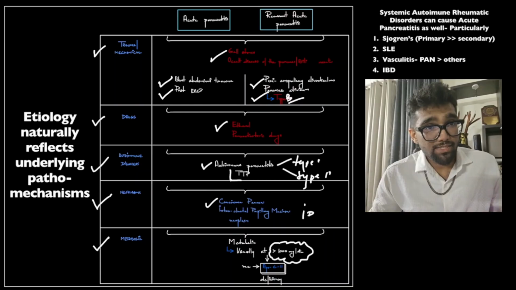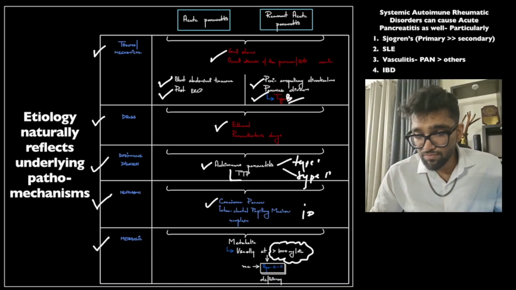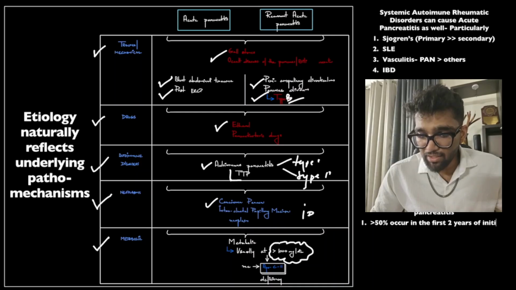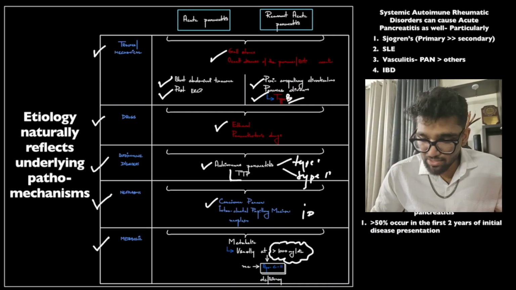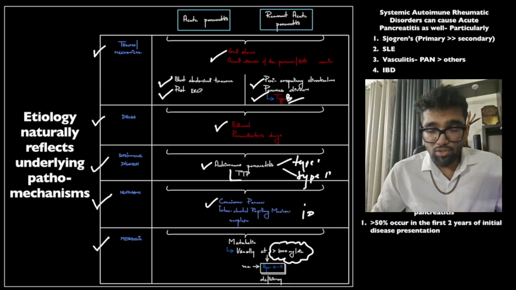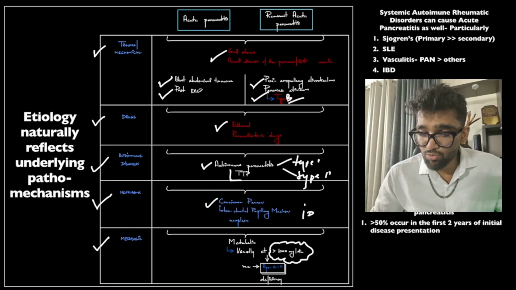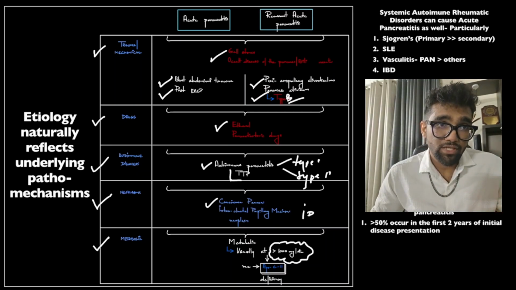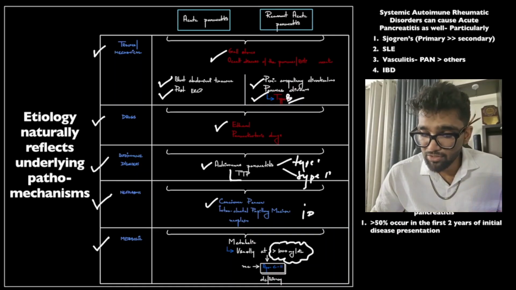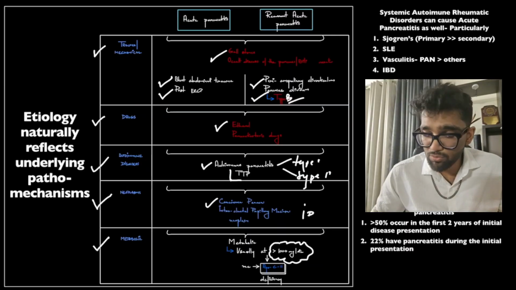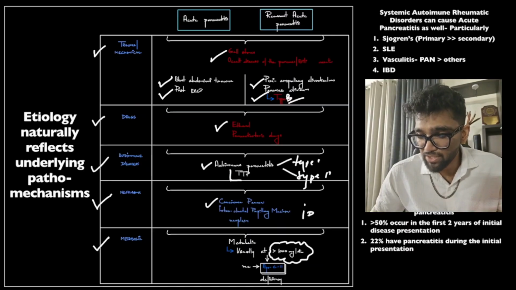Now, just as a caveat, in cases of SLE-related pancreatitis, there are certain things that need to be discussed. One is that more than 50% of SLE-related pancreatitis occurs within the first 2 years of disease presentation. So it is a classic initial presentation, of which 22% of pancreatitis cases happen during the first clinical presentation of the patient.